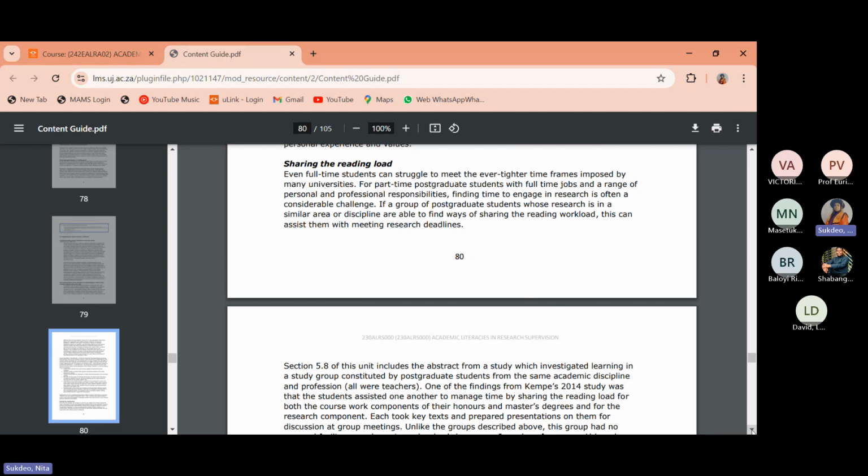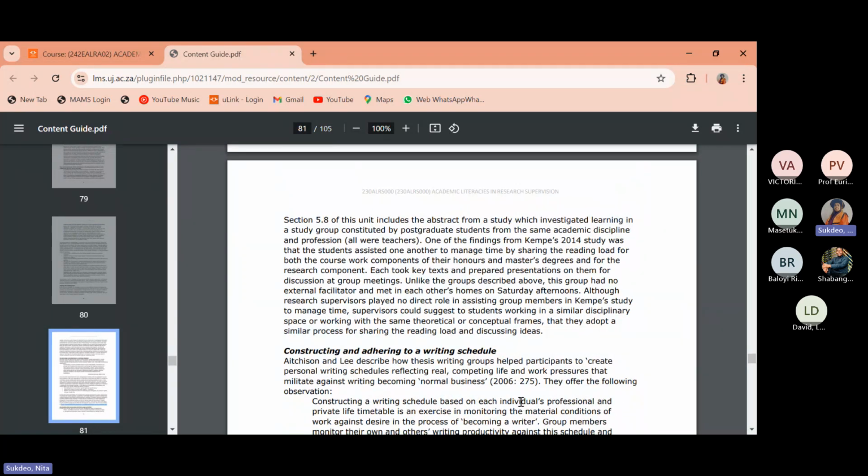And remember, there was also a section we looked at last week where the supervisor loads you with additional reading that's going to help your work, your research, and bulk up your content. It's a lot to read, but sharing the reading load and what you would extract, for example, right?